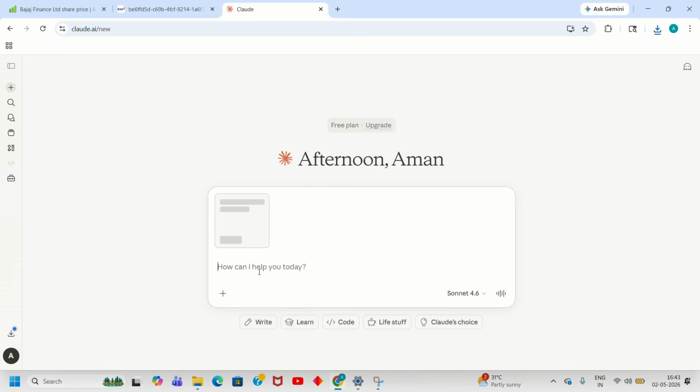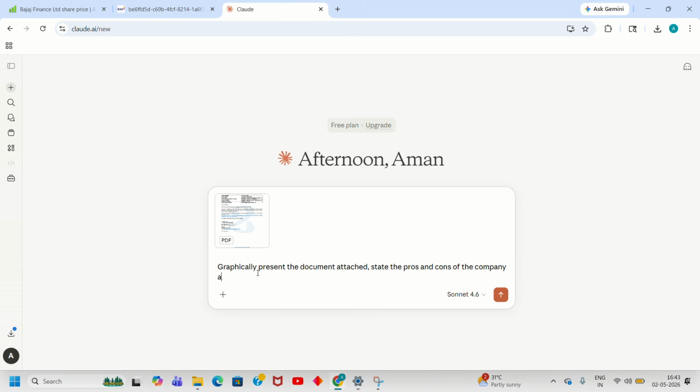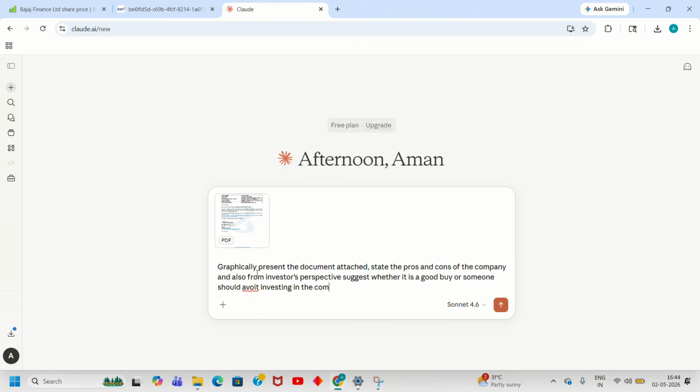Now we'll be writing a prompt: graphically present the document attached, state the pros and cons of the company, and also from an investor's perspective suggest whether it is a good buy or someone should avoid investing in the company.